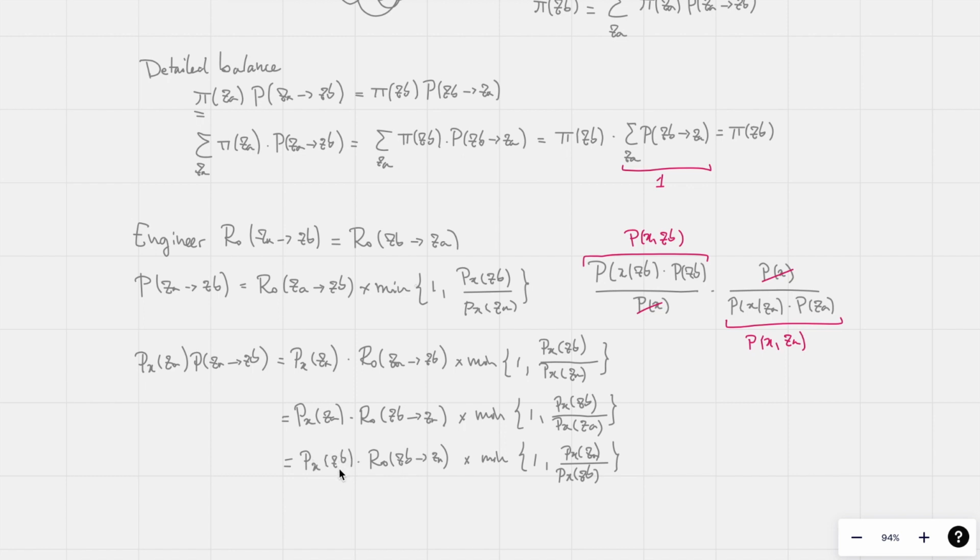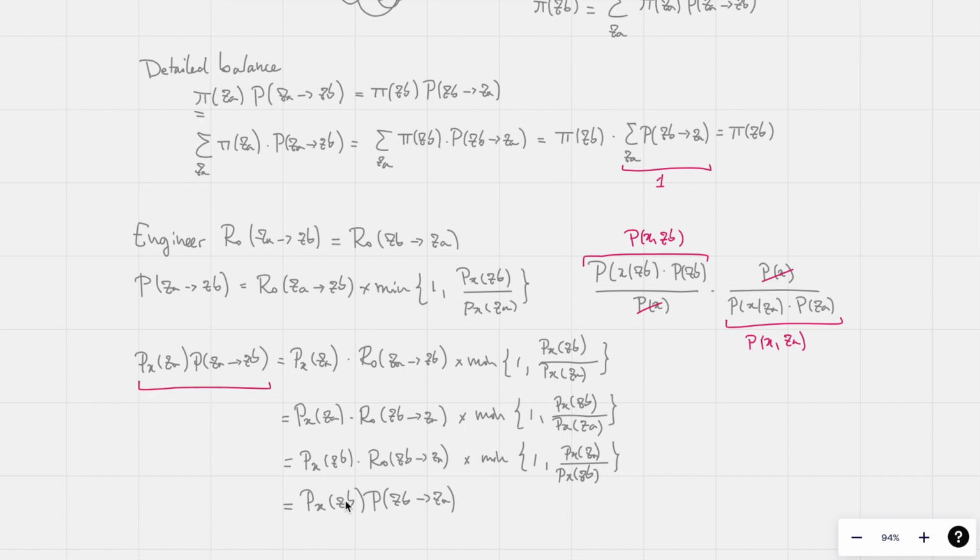So either way, these two lines are always equal here. And observe that this, by definition, is P(x, Zb) times the engineered process here, P of Zb to Za. And that here shows that this is the application of the detailed balance equation.